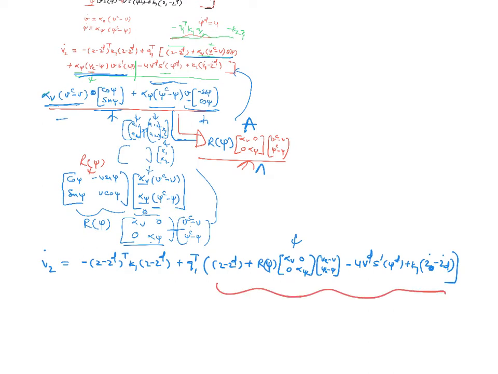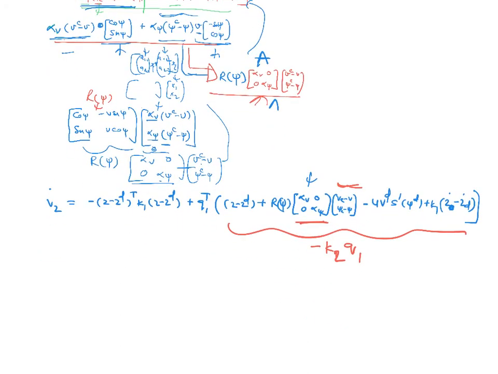To make it something equal to minus k2 q1, right? The only thing I can choose now is this control, but the problem is this is multiplied by an unknown matrix, if you remember. That's the issue here. Questions so far? We have simplified things so far, not a big problem.